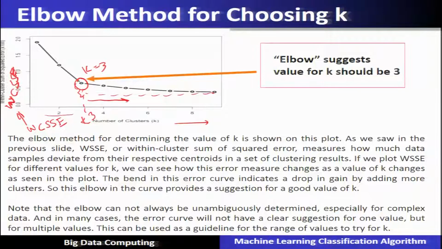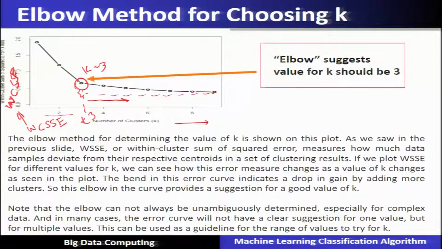So, in the elbow method, for determining the value of k is shown on this particular plot, as we see on the previous slide. WSSE, or within cluster sum of squared error measures how much data samples deviate from their respective centroid in a set of clustering results.